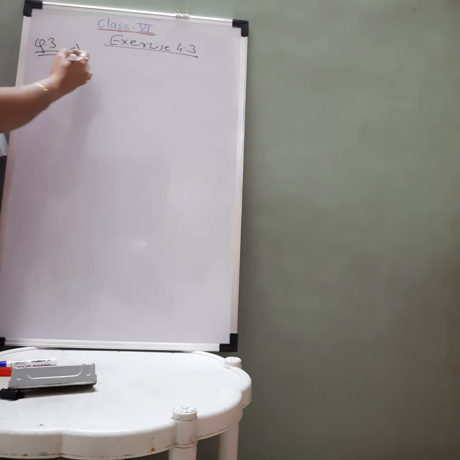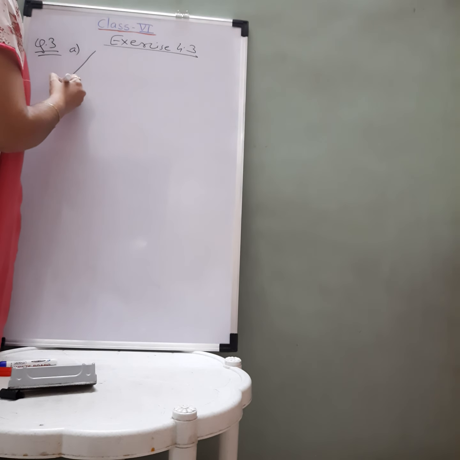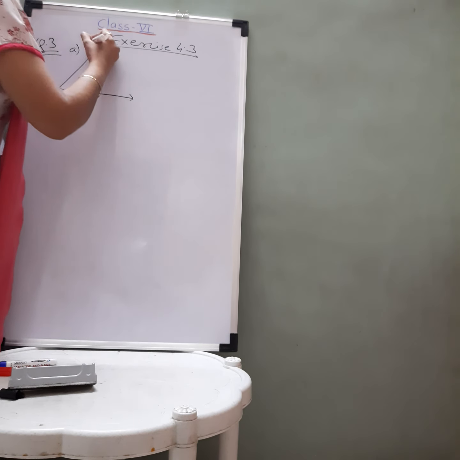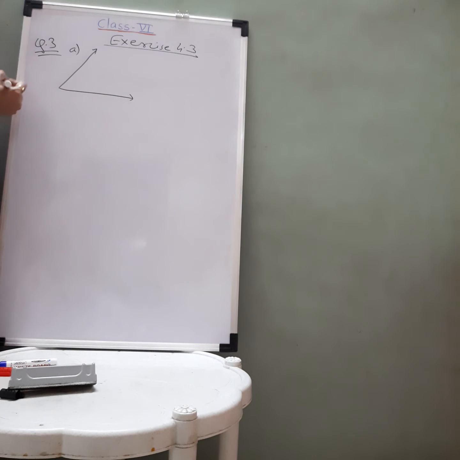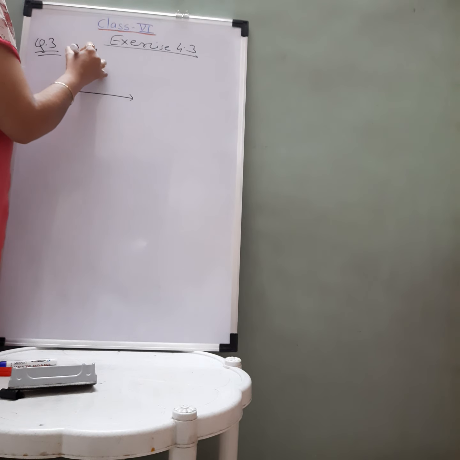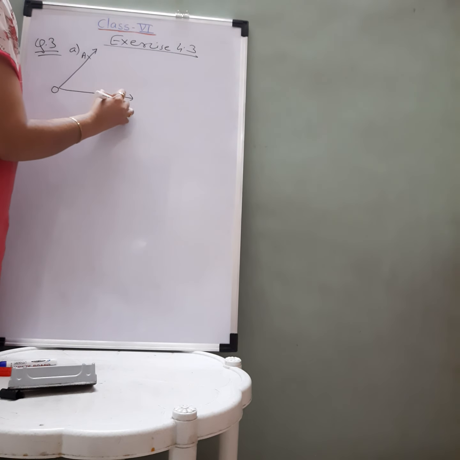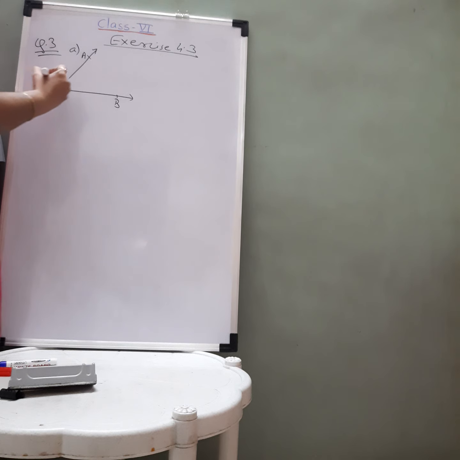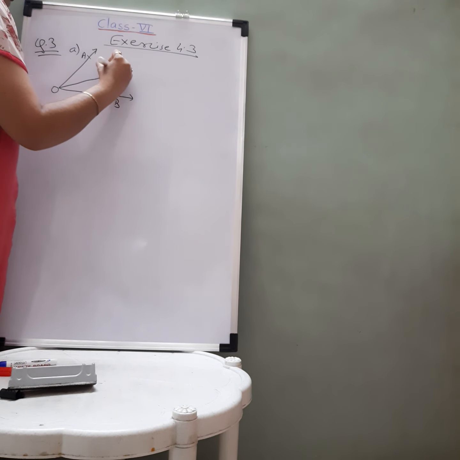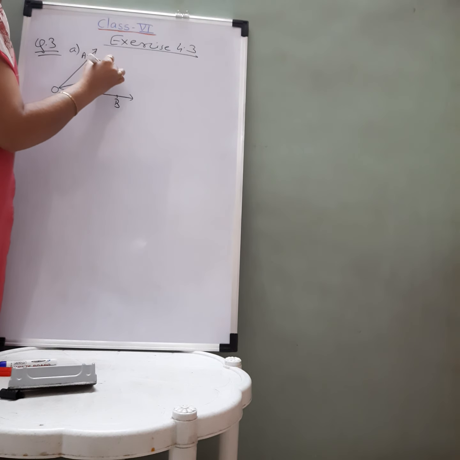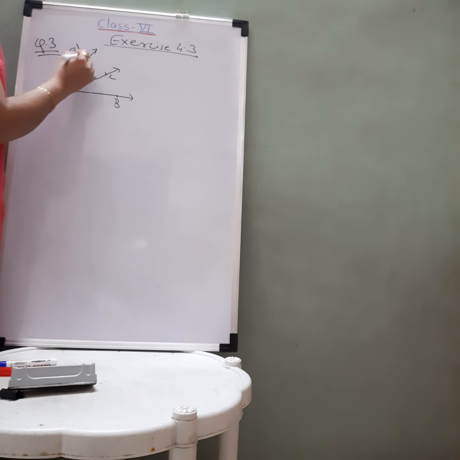You want to draw the figure such that they have one common point. So if I draw angle AOB, here we get only one angle, but if I draw a ray through point O, then you will get two angles, angle AOC and angle COB. So this is the first case.